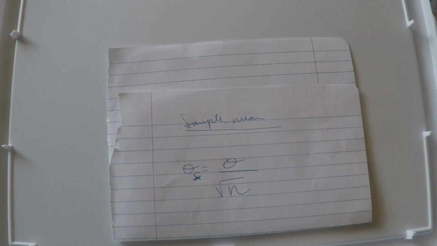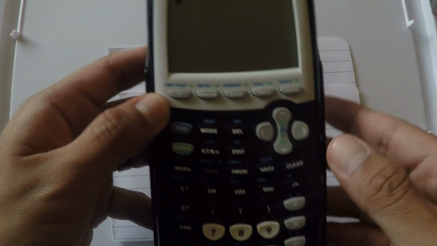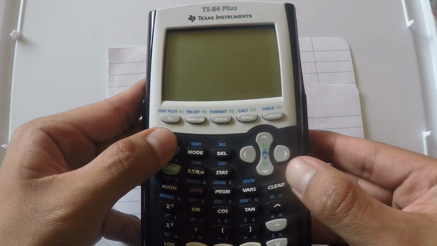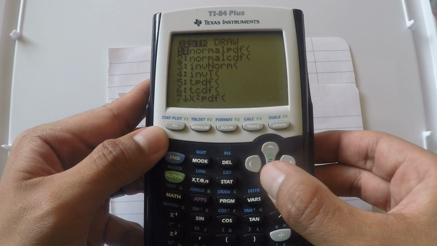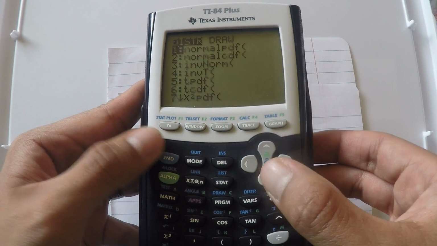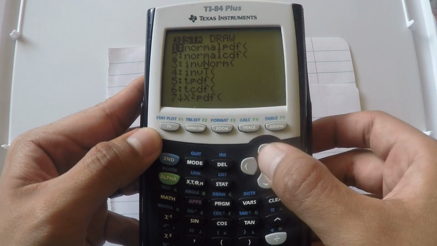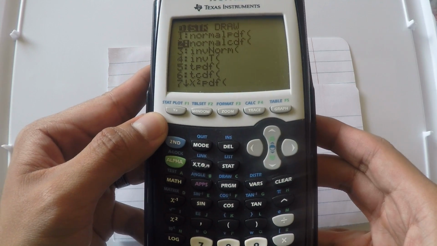Once you have found that out, you're going to follow the same steps as a normal distribution calculation with your TI-84. So we're going to grab our TI-84 and it's going to be the same steps from the previous video. We're going to go second distribution, or second vars, and in this drop-down menu we're going to go to normalcdf.